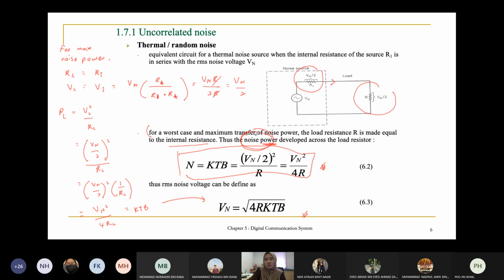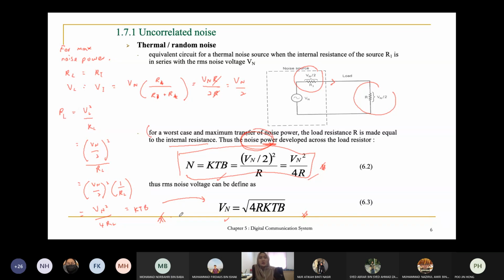If the question asks you to calculate the noise power, you can use either this formula or this formula. Vn over here is the noise voltage. If the question doesn't ask you to derive this, then you don't need to derive. But if the question asks you to derive the noise power, then you need to show this derivation. I hope that you understand the derivation for the noise power.